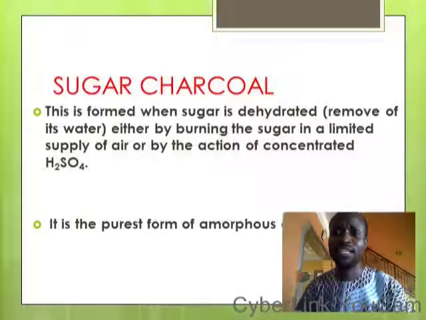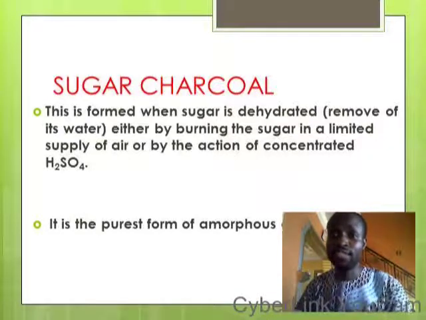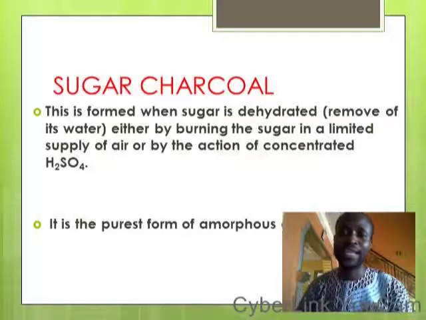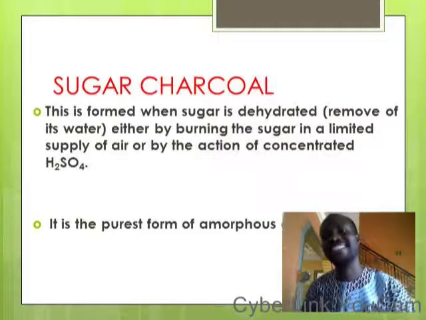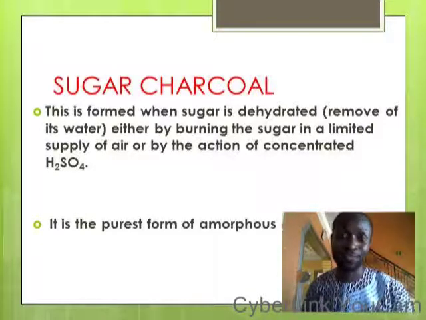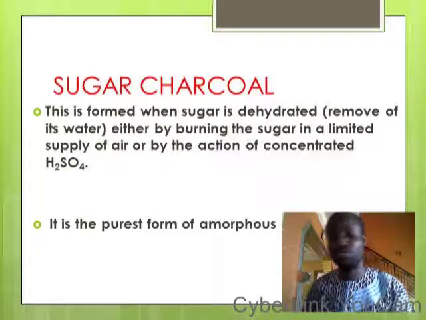Now another one is sugar charcoal. Another example of amorphous carbon is sugar charcoal. This is formed when sugar is dehydrated. I love that word. The word dehydration is different from drying.